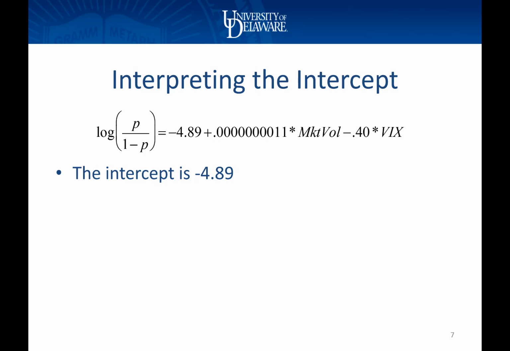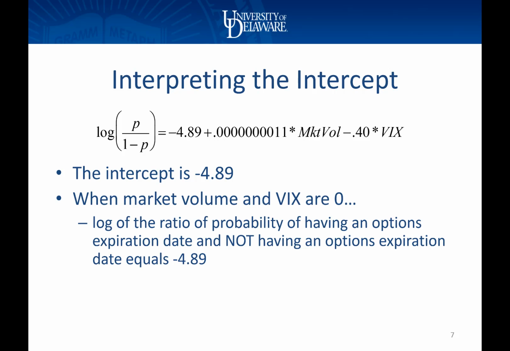The intercept is a negative 4.89, and we can start to interpret that in a similar way to the way we interpret an intercept in a linear regression model by plugging in a 0 for market volume and a 0 for volatility. When market volume and VIX are 0, then the log of the ratios of probability of having an options expiration day and not having an options expiration day is equal to negative 4.89.